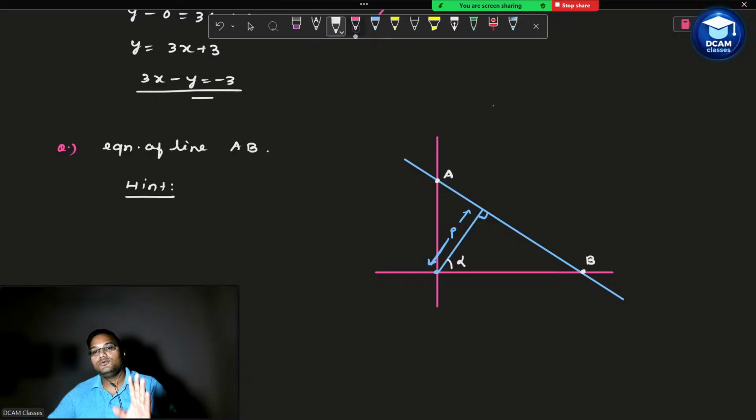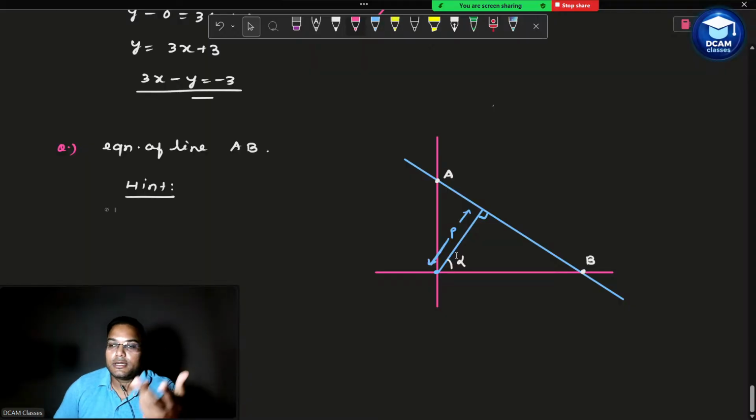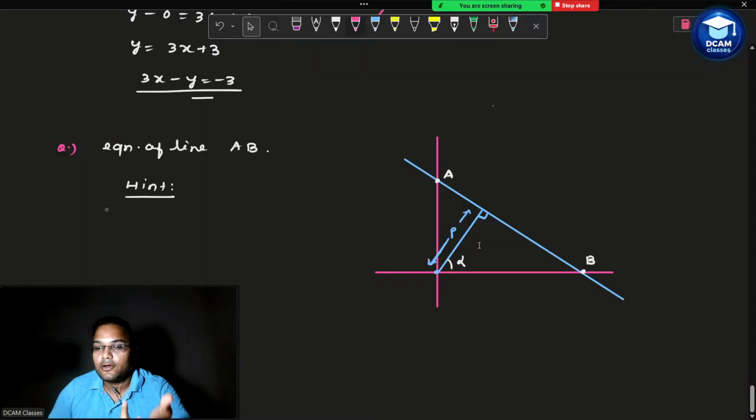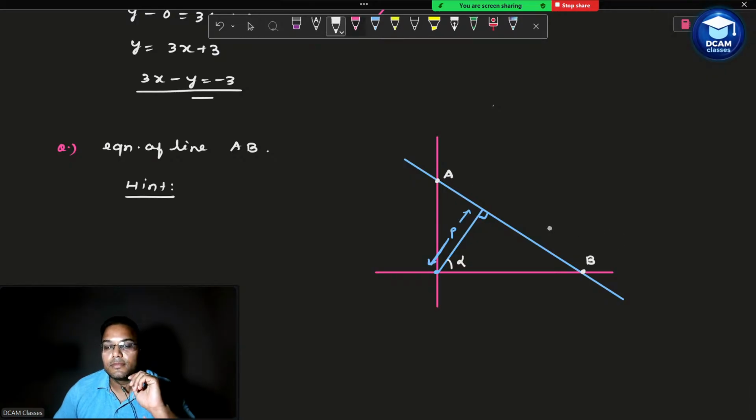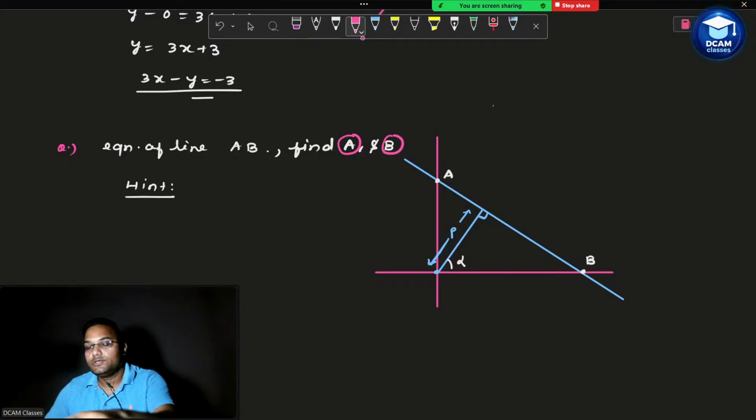Somehow using this particular information, this p and alpha, and using your triangle knowledge or Pythagoras theorem or whatever, you have to find out the coordinates A and B. Find A and B, and after that you will be able to do it, because once you find out A and B as two points, you know very well that using any one point you can find the equation of a line, finding the slope.